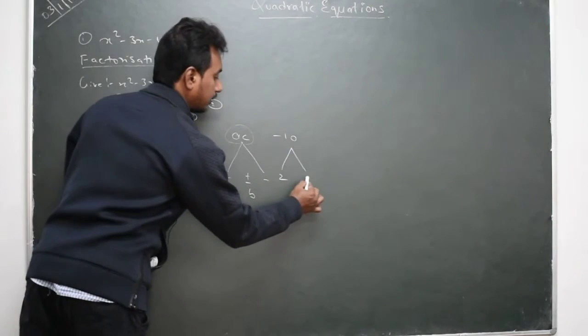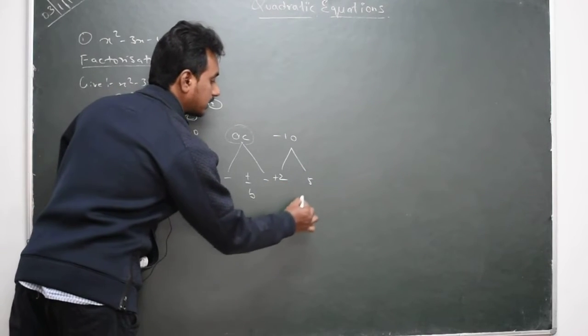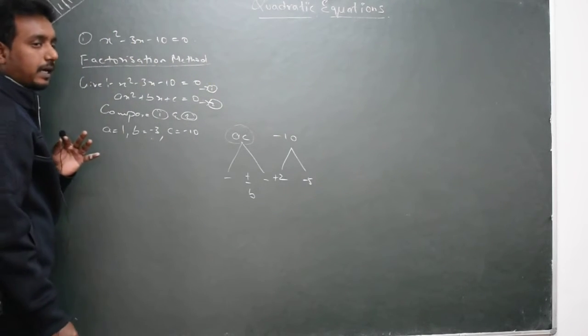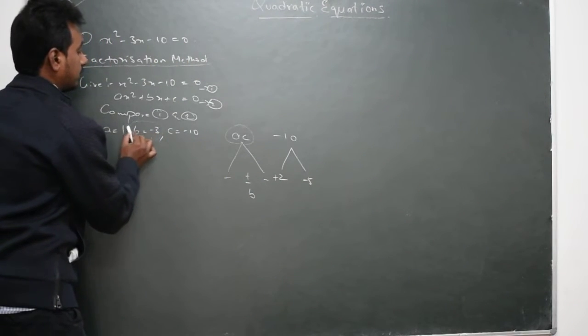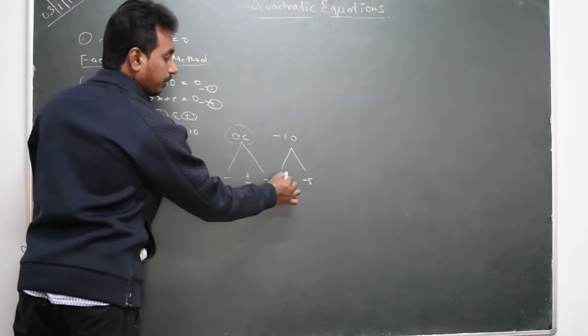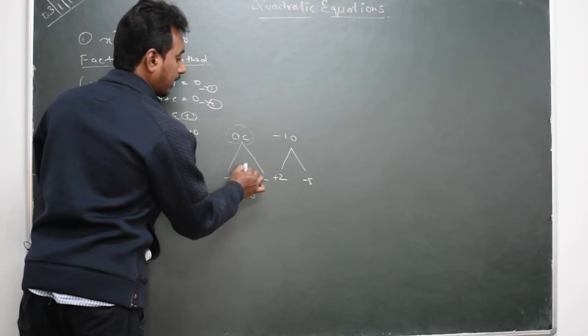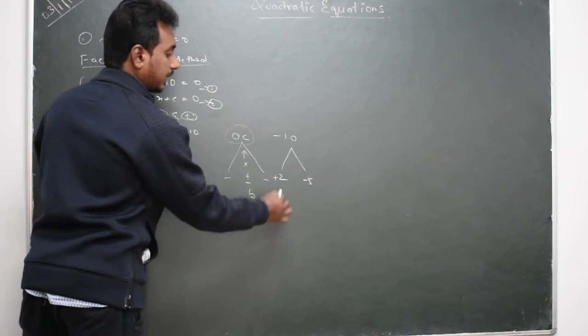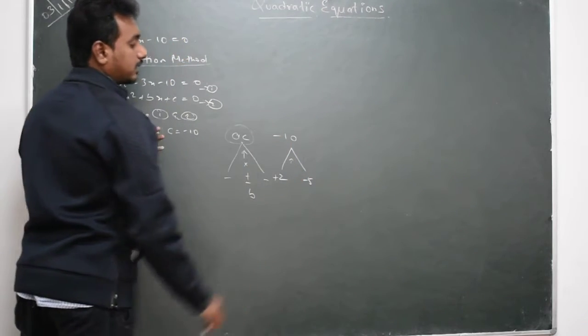So let us say 2, 5. Here 2 must be plus, and this must be minus. Once you take plus 2 and minus 5, you get B equals minus 3. Now, the product of the factors you take should be equal to AC. 2 fives are 10, plus into minus, minus 10.